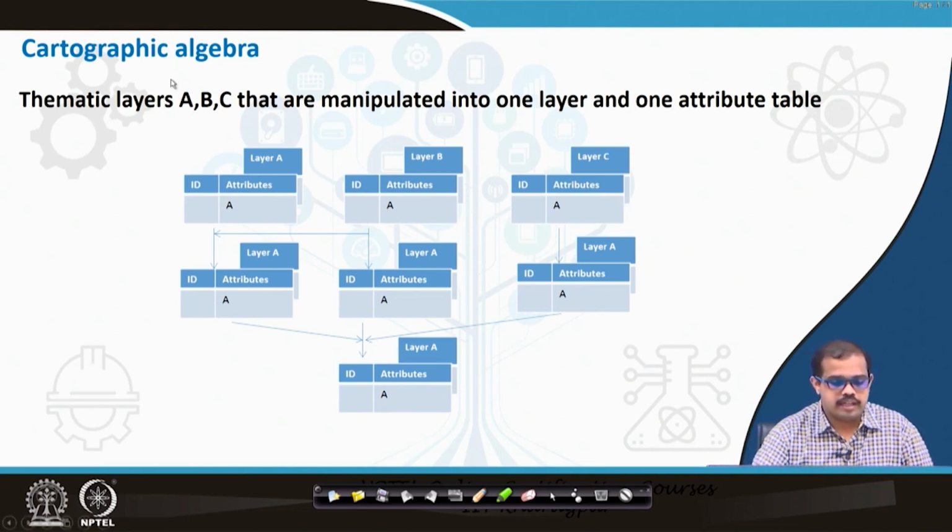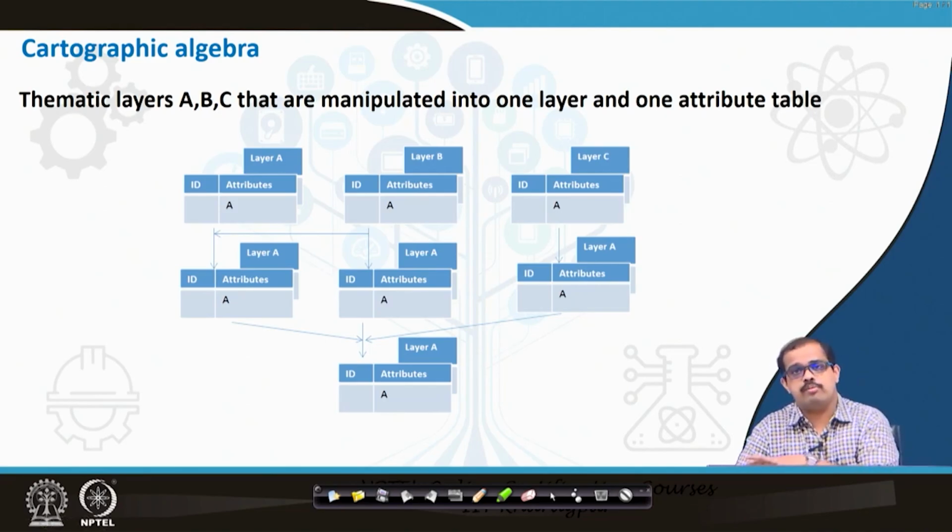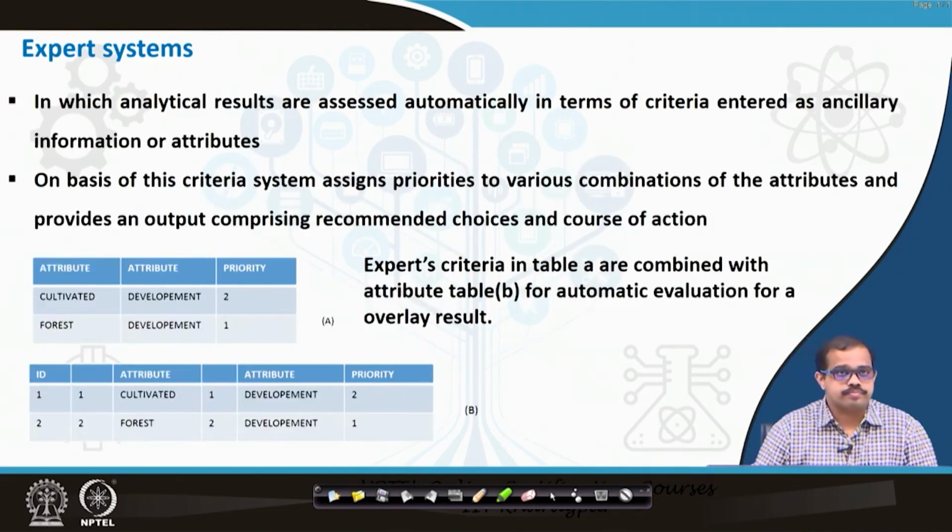So, you have layer A with certain attribute values, layer B with certain attribute values, layer C with attribute values. You perform certain analysis here, and once you have done that analysis, you will have the final layer containing all the attributes that you have produced. Then you have an expert system.